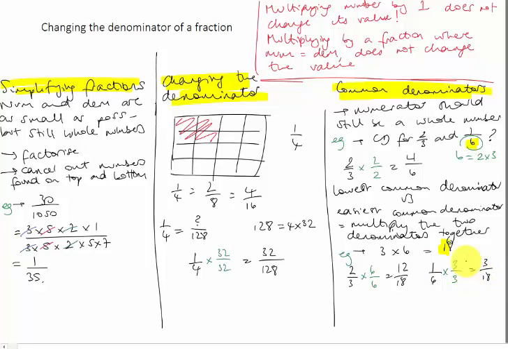So you could find the lowest common denominator by looking at the different factors of the two denominators, or you could just find the easiest common denominator by multiplying the two different denominators you're working with by each other.